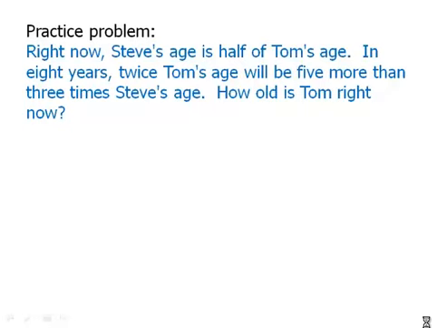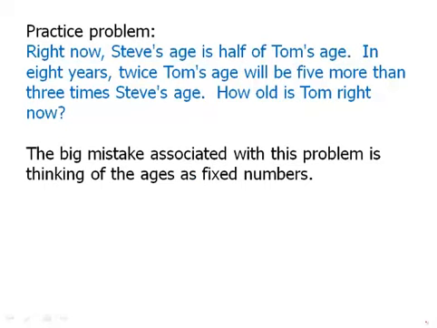So what I'm going to say about this is the big mistake associated with this problem is thinking of the ages as a fixed number. People get very sloppy. They say, okay, well, S is Steve's age and T is Tom's age. Well, then that first equation, we can certainly say Steve's age is half of Tom's. S equals 1/2 T. We can say that.